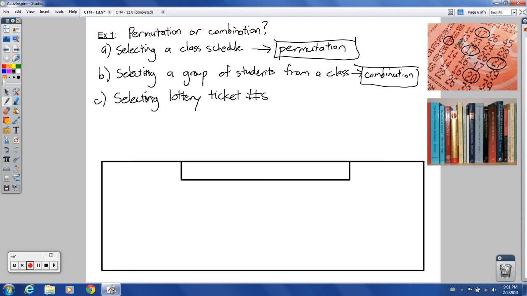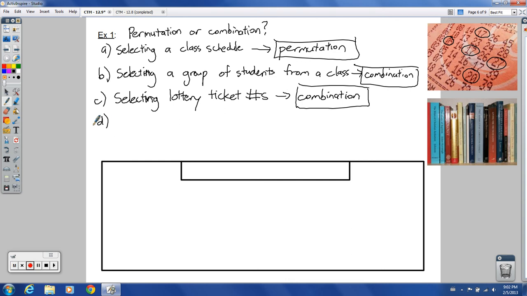No. Unless this is a special kind of lottery. You could circle 27 first, and then you could circle 17, and then, I guess there's more than one 17 here, I didn't see that before, but you could circle another one and another one. The order wouldn't make a difference. You could circle this one first, second, third, or this one first, second, and third. You're picking the same group of 5 numbers. So selecting lottery tickets, order does not matter. When you're picking those numbers out, you can pick the numbers in any order. Therefore, it would be a combination.